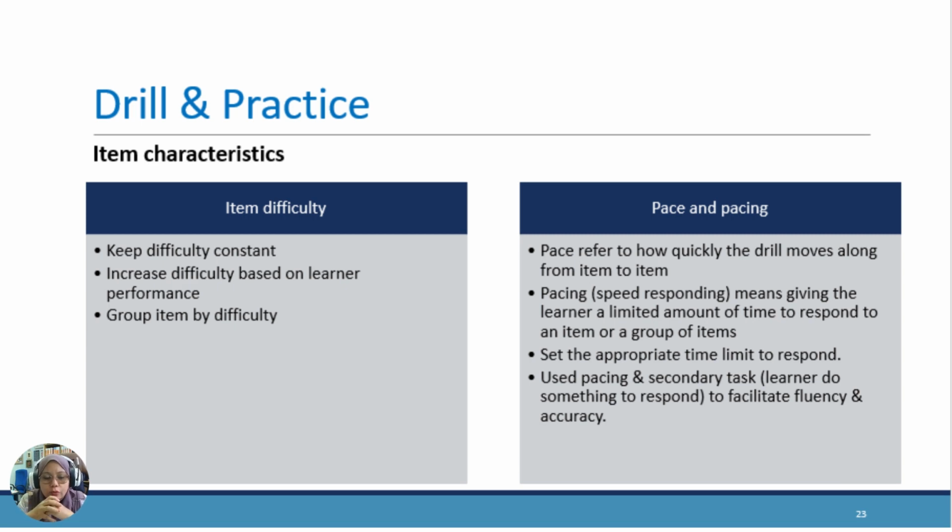Since we see at level 1, we put the difficulty by level. Level 1 is more about the concept, and then they go to level 2, more about the practice or application.